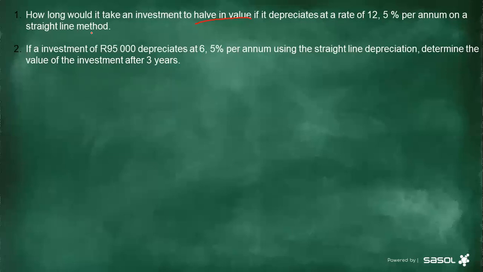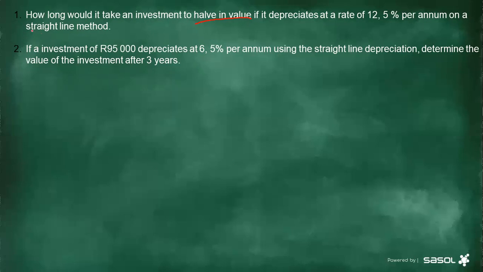The car is going to cost less than what it costs now, so it's depreciating. Every time you're dealing with depreciation questions, you'll find that P is bigger than A.